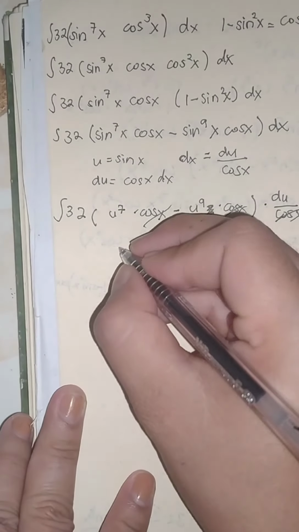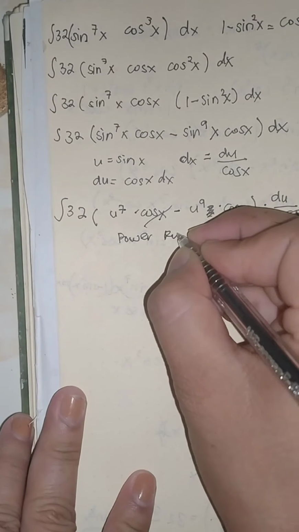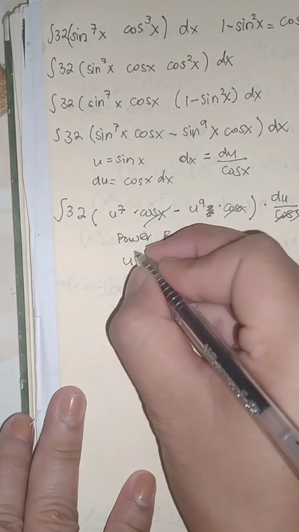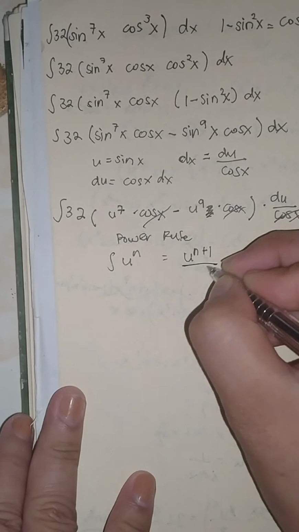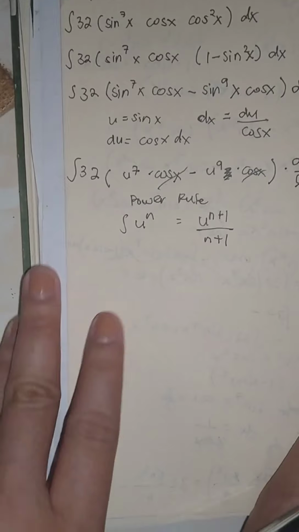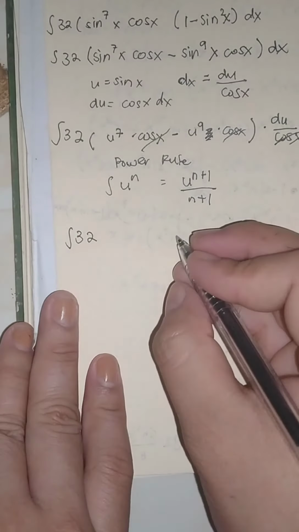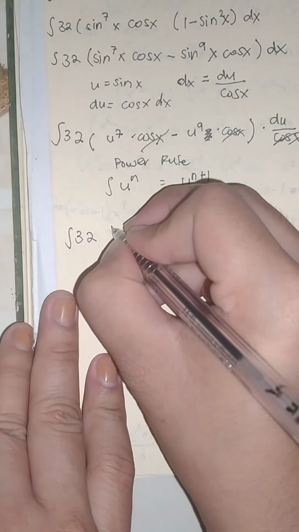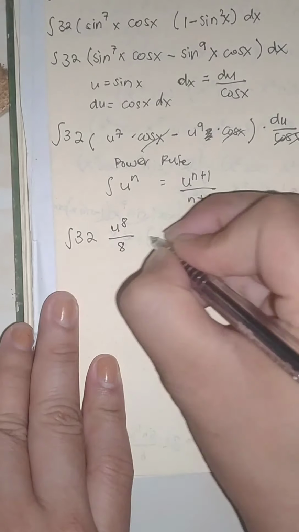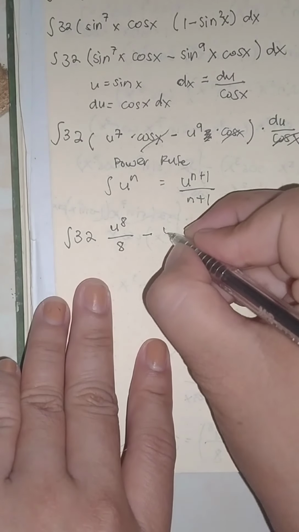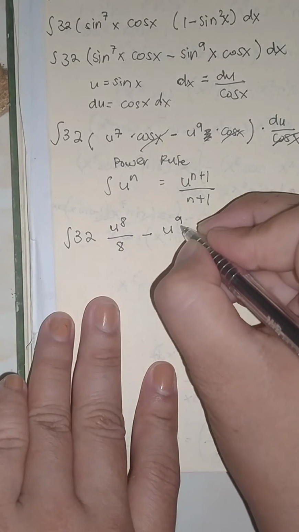We have the integral power rule: the integral of u raised to n is equal to u raised to n plus 1 over n plus 1.